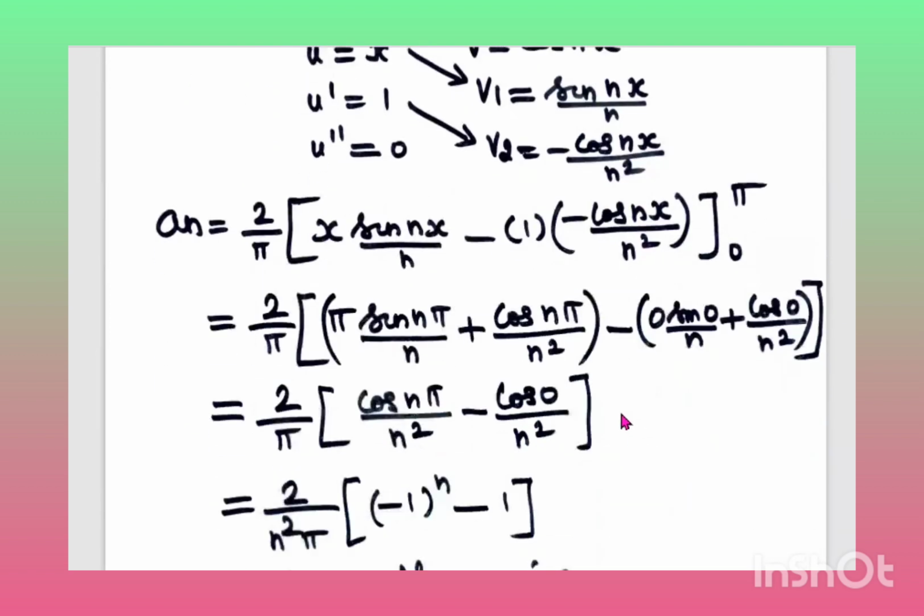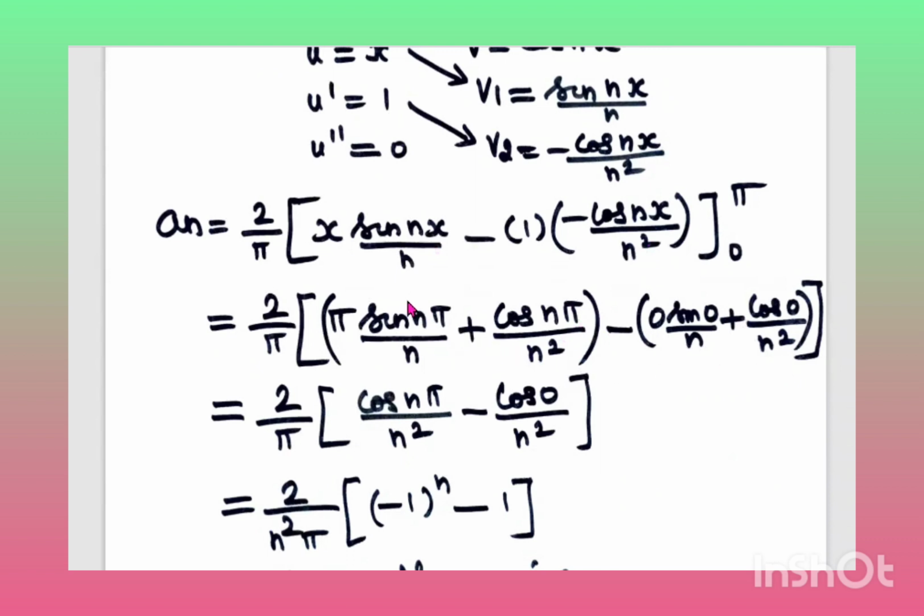For x, you have to apply pi, and for x, you have to apply the lower limit 0. So 2 divided by pi into pi sin n pi divided by n plus cos n pi divided by n square, minus, when you apply the lower limit 0, 0 into sin 0 divided by n plus cos 0 divided by n square.